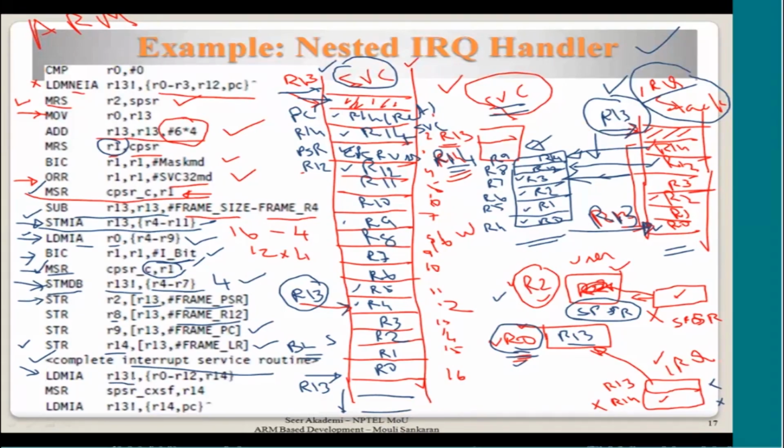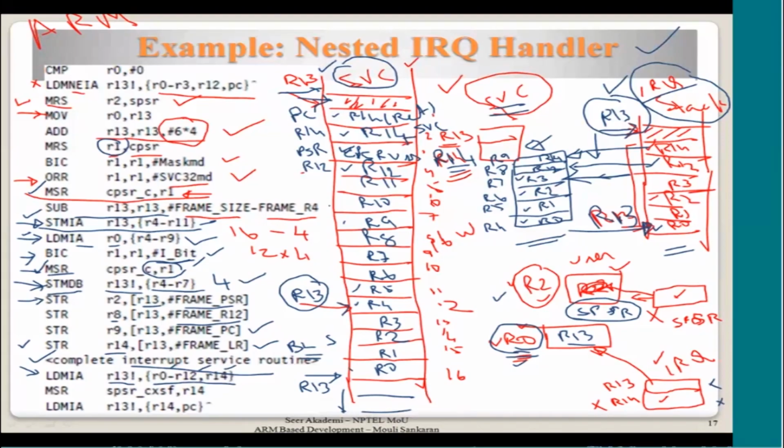R13, with exclamation mark, we are copying now up to this R0 to R12. See, order doesn't matter. What you are writing here doesn't matter. The processor copies in the sequence in the memory to these registers.